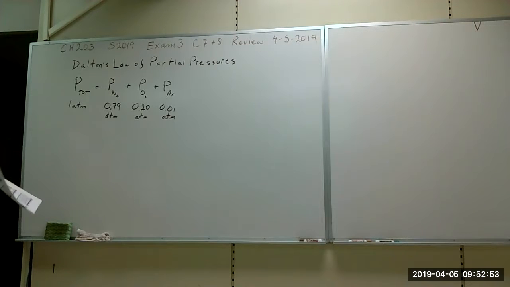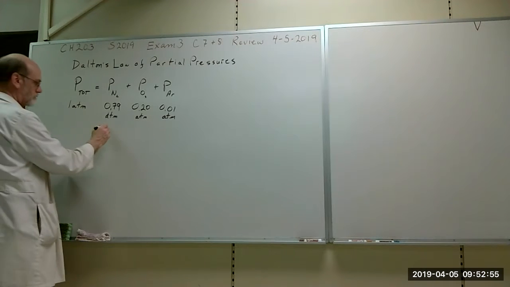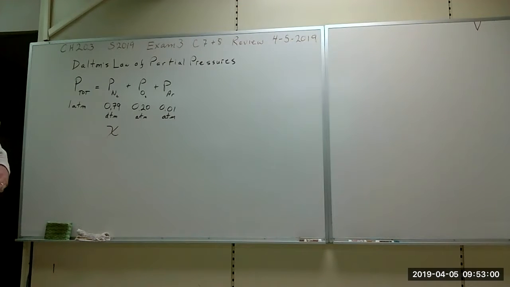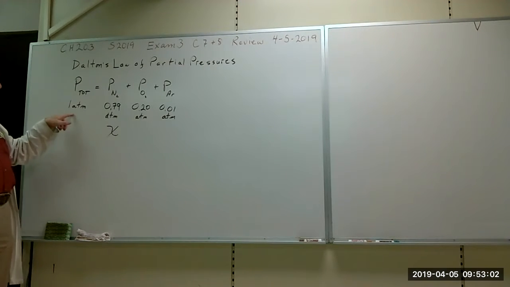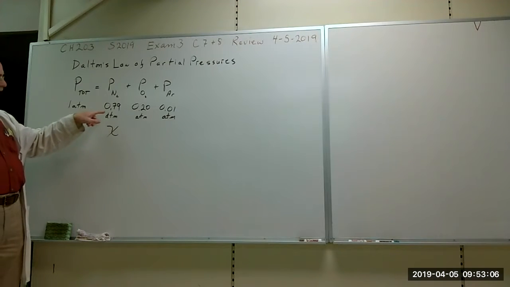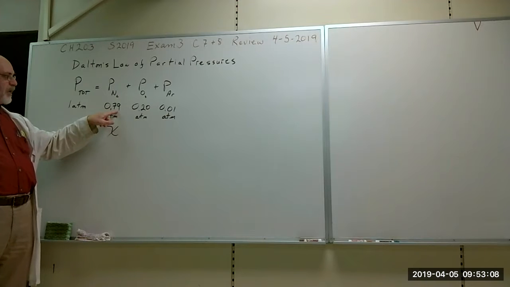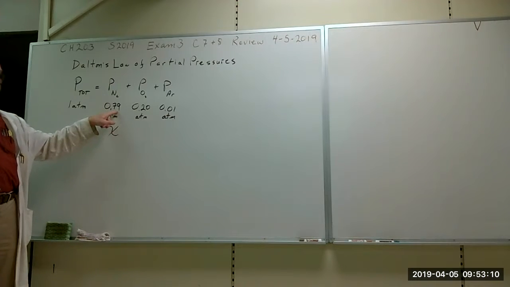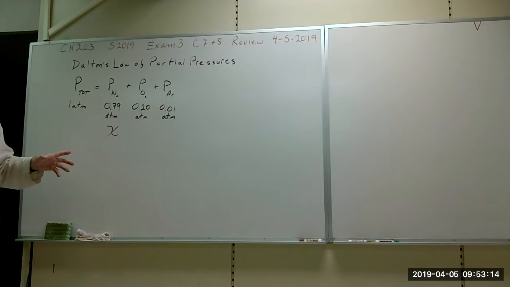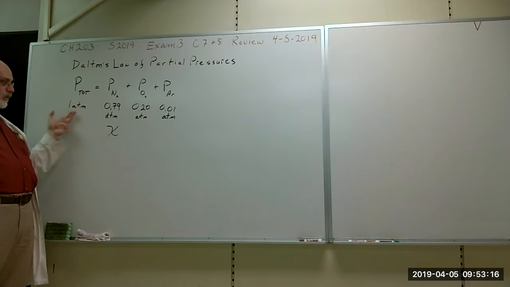And we give that a special value. Call it mole fraction. So if you were to have 1 mole of gas in that container and 0.79 moles of it was nitrogen, it would be 0.79 mole fraction. 0.79 of the whole.